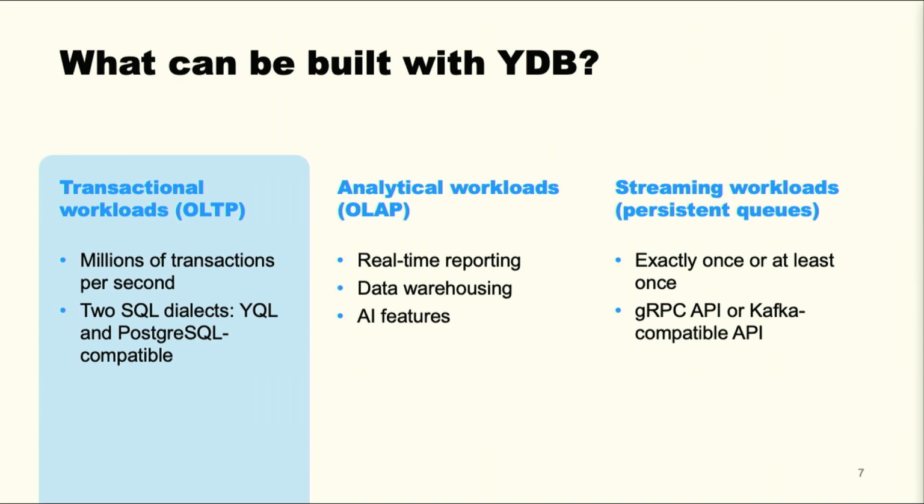I'm curious about compared to CockroachDB, what advantage does YDB have? They're comparable products in this transactional world, in the sense that it's also a distributed database designed for consistency.